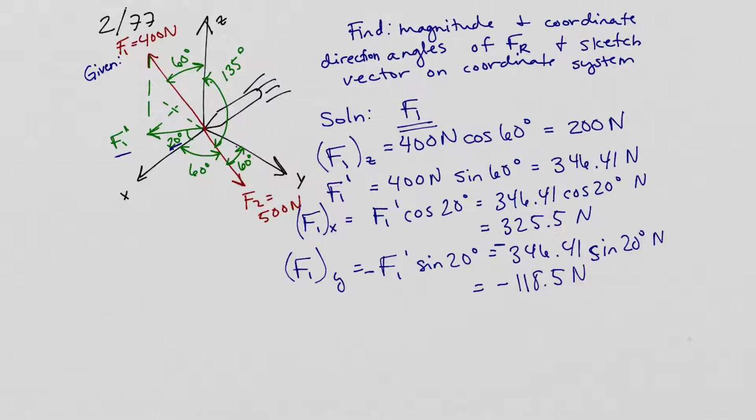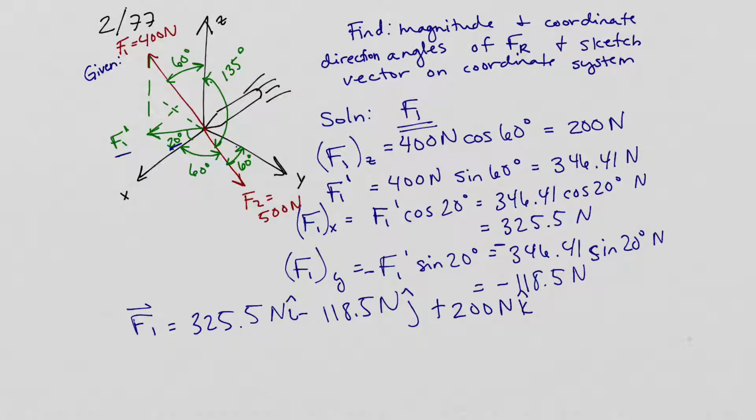So now we have a formula for F1. So F1 equals, the X component is 325.5 newtons I, minus 118.5 newtons J, plus 200 newtons K. Sorry, that was a little bit on top of the other one.